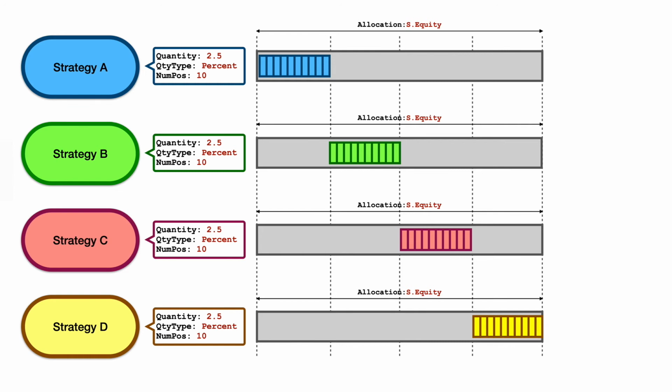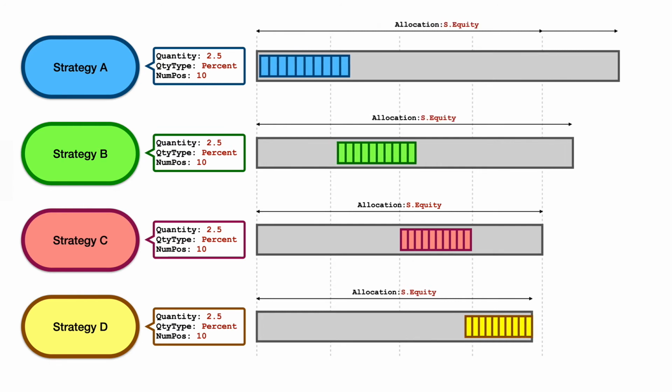Let's say that the strategies do differently. Well, we might find that, for example, strategy A and strategy B both make a profit. Each strategy keeps track of its statistics like s.equity separately. So now strategy A's equity is larger, and that means that the next bar it's going to allocate a larger amount of dollars because 2.5% of that account size is now considerably larger.